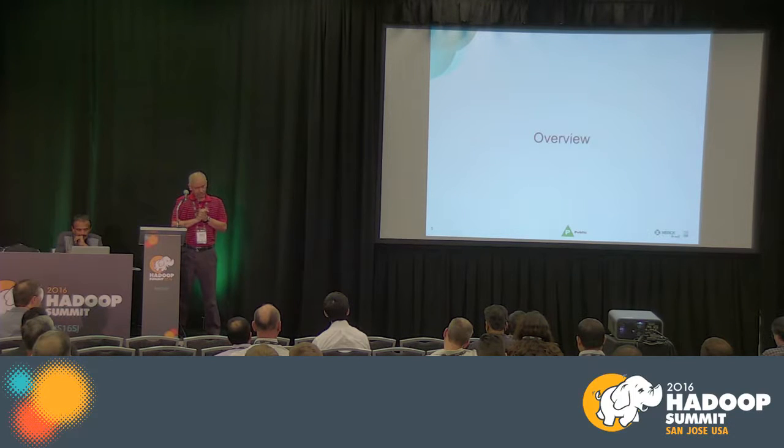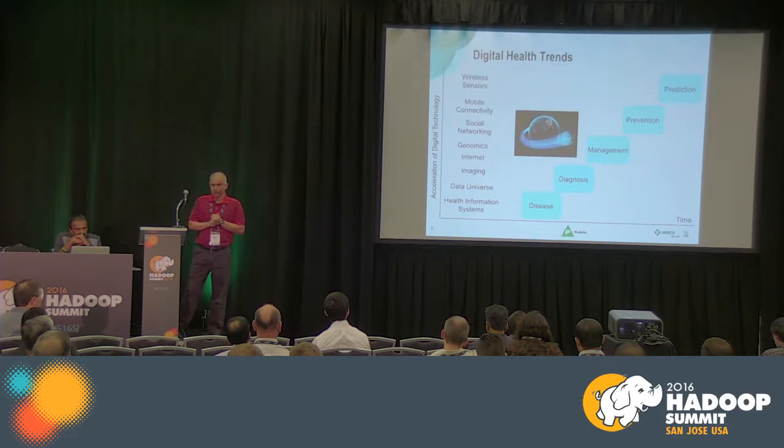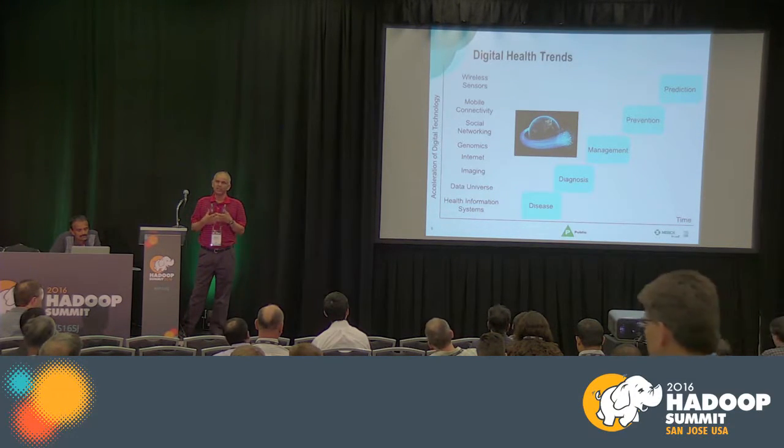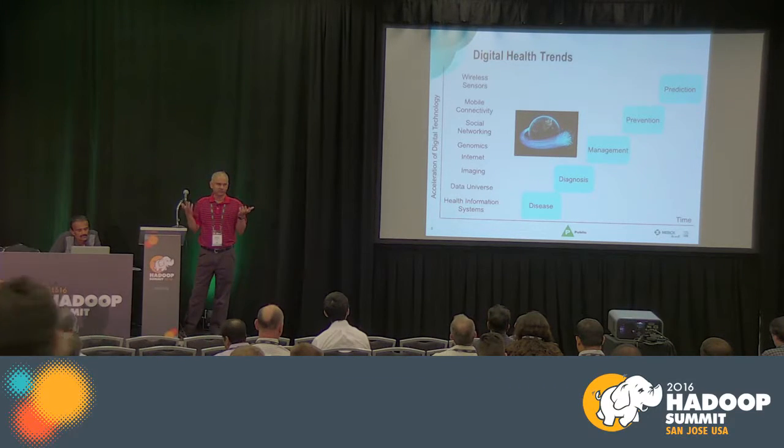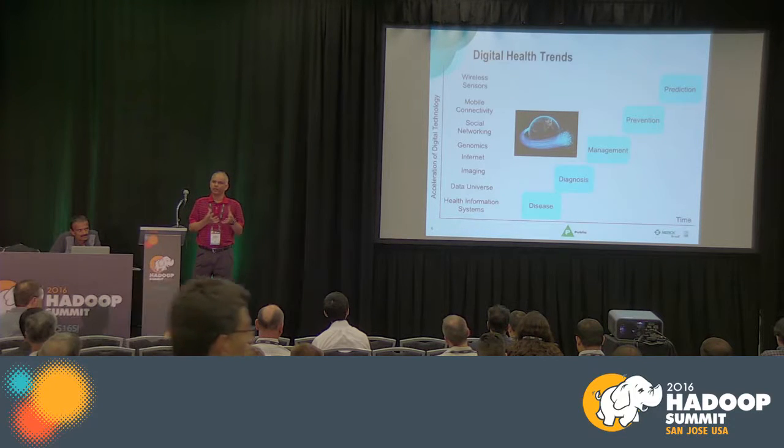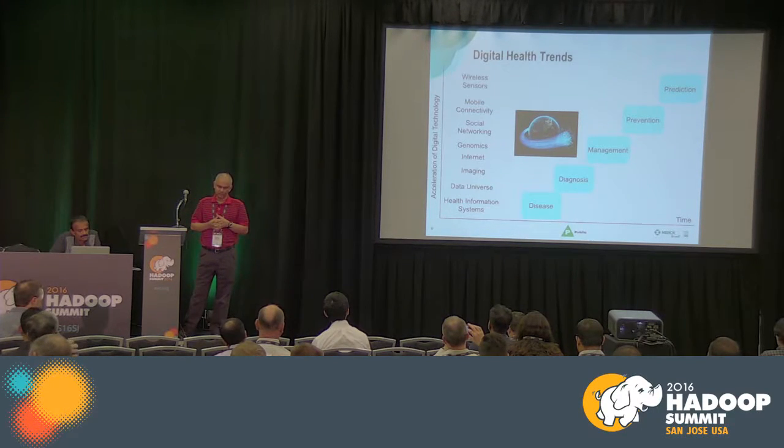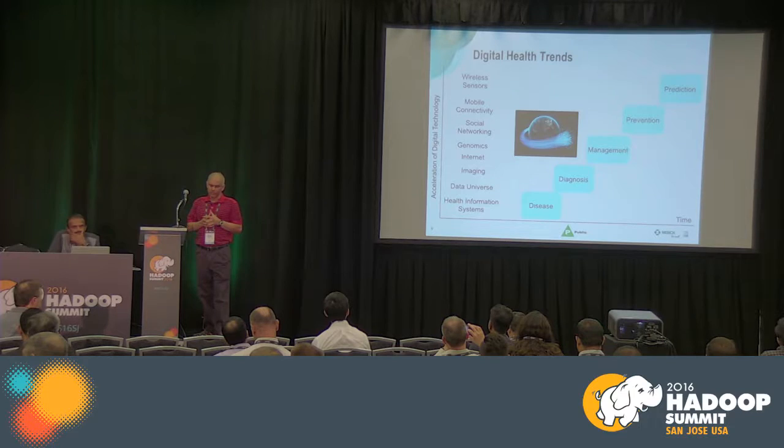So the problem space that you're looking at, the next one, is that there is an explosion of data. If you look at this chart, the advent of digitization and digital technologies is ushering in a lot more data, as is thematic of this conference. As you look at how they are applicable in the healthcare space, we've been focusing mostly around disease diagnosis and management.